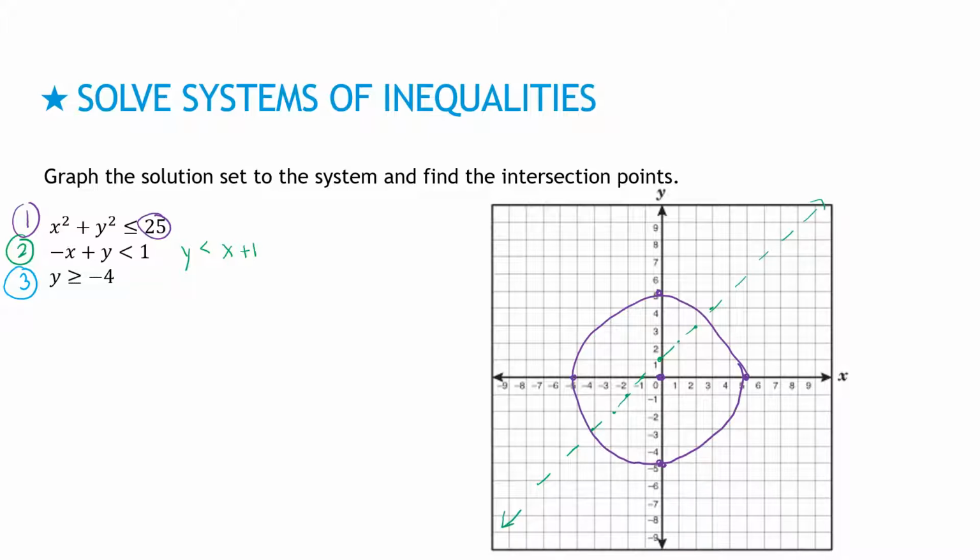I could have also done that just with the cover-up trick and just had those 2 points. It's the same thing. Last equation, y is greater than or equal to -4. So I go to where y is -4, and I'm going to draw a solid line. Whoops, try to draw it actually on the line.